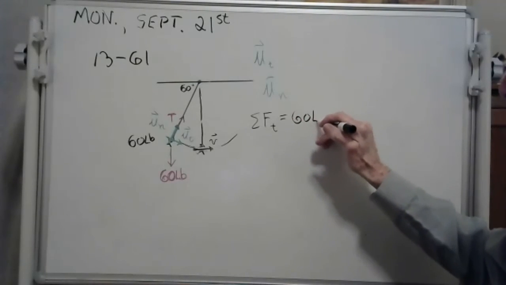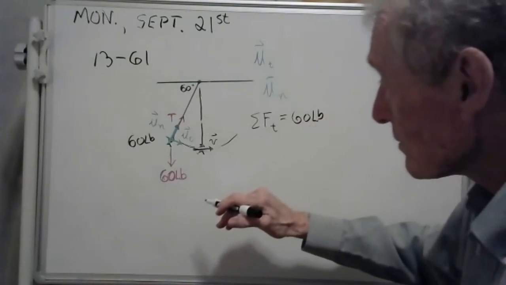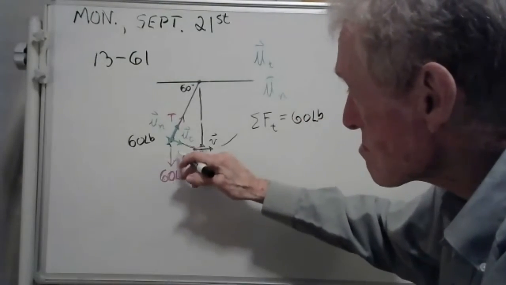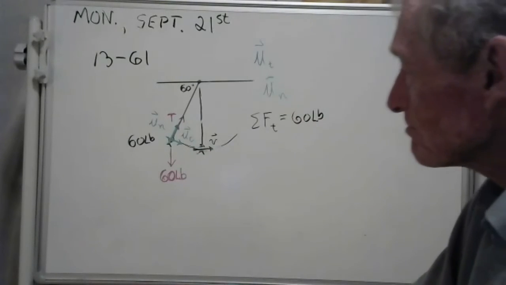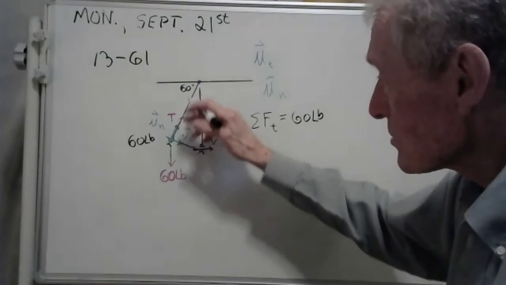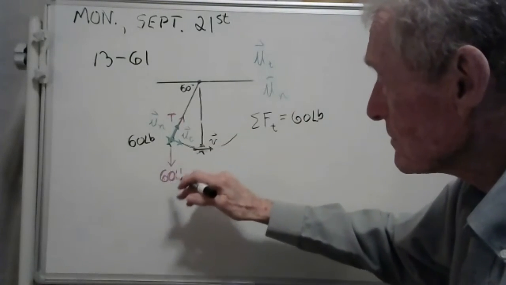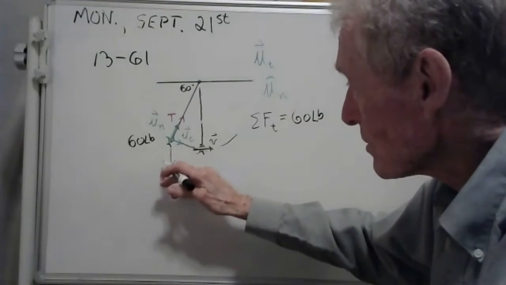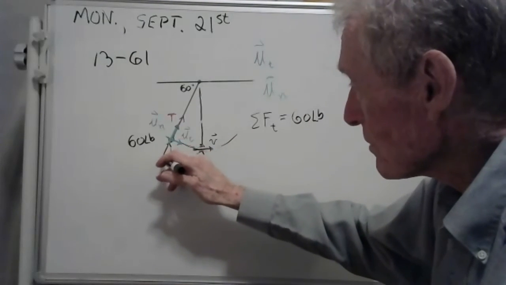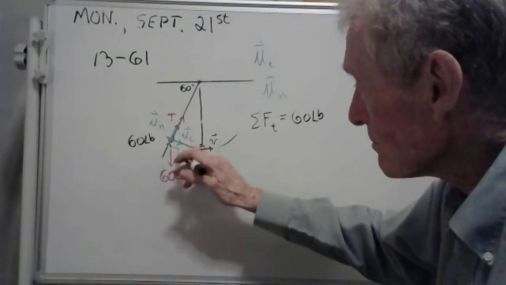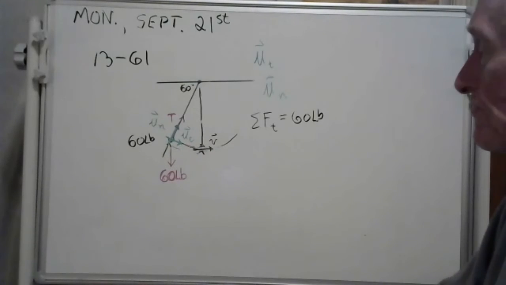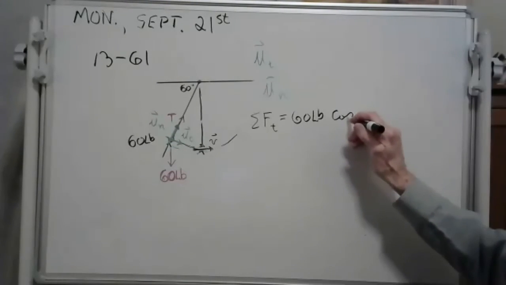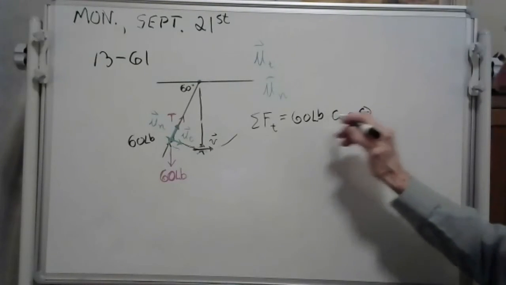It's 60 pounds times, now let me think about this. There's a 60 there. See, this has components. It's got a component this way and this way. I think it's 60 cosine of theta.